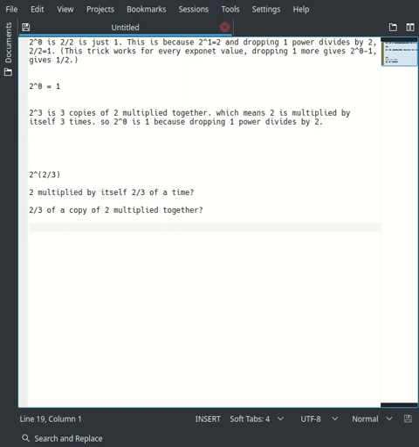Does it mean that 2 to the 2/3 equals... I don't know. I don't know how to use any of these rules to do a fractional exponent.